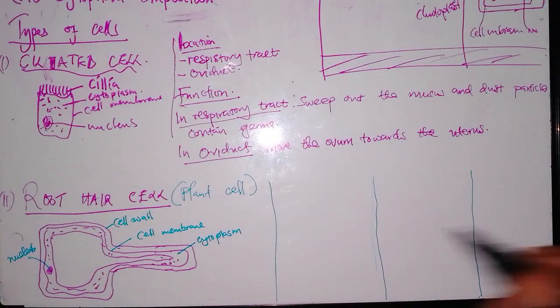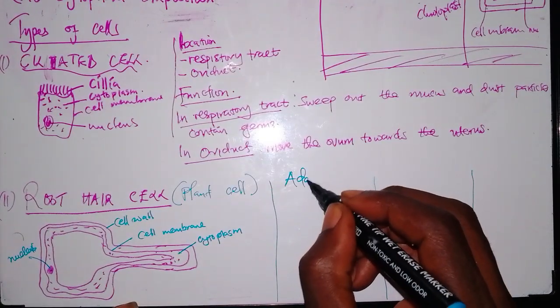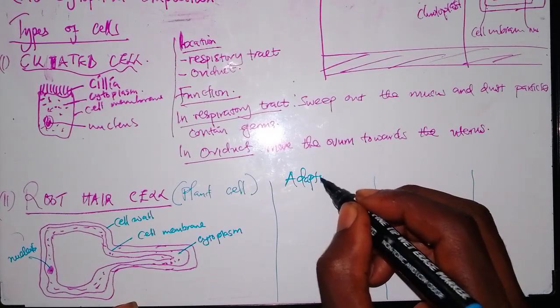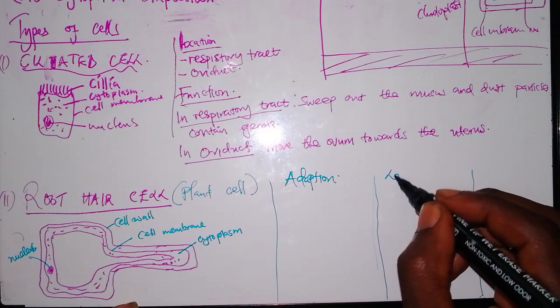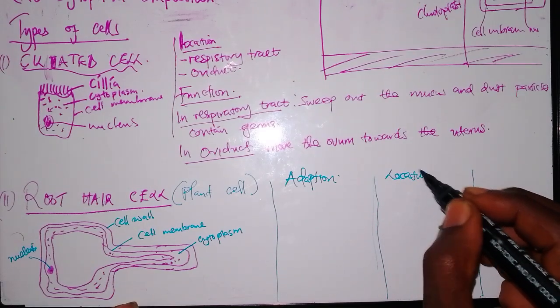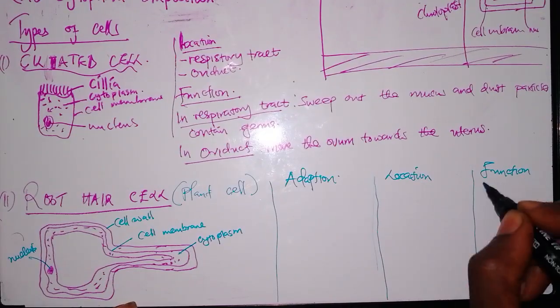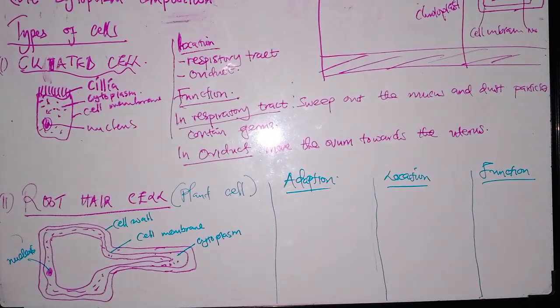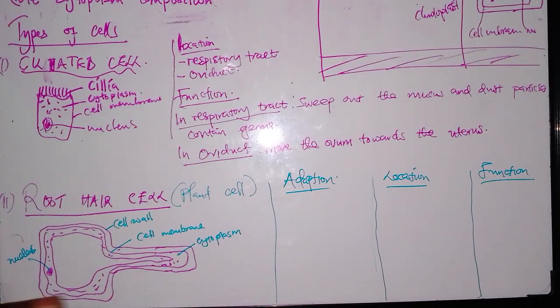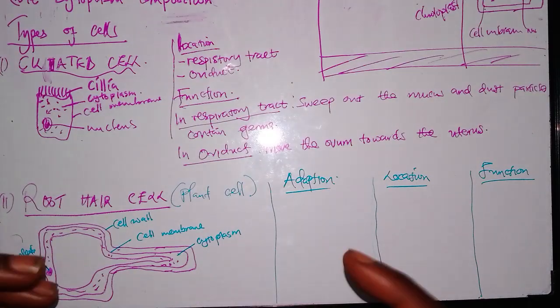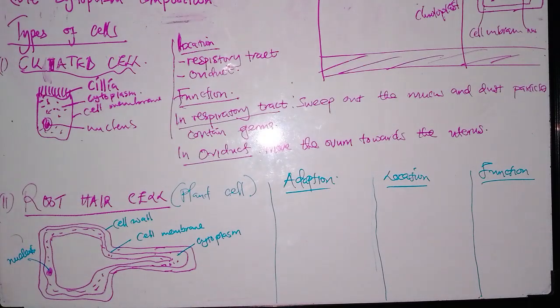So we are going to look at one, the adaptation, two, the location, and three, the function. Even as you are studying, these are the three things which you need to study whenever you are studying a root hair cell: look at the adaptation, the location, and also the function.